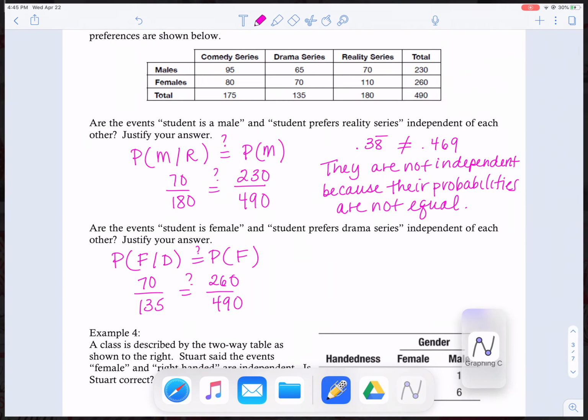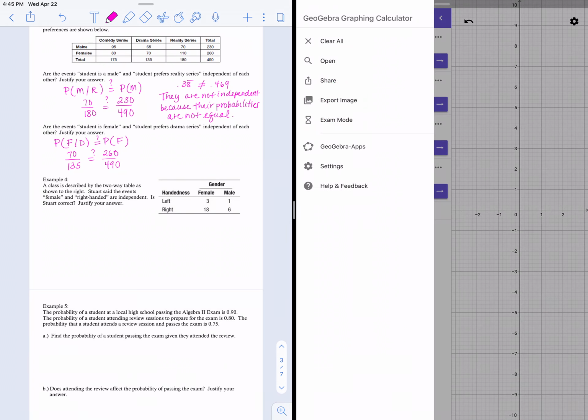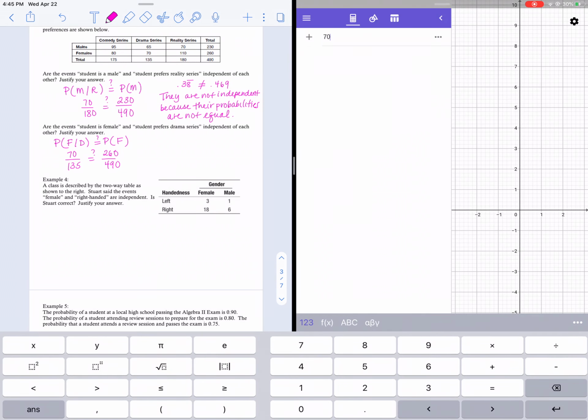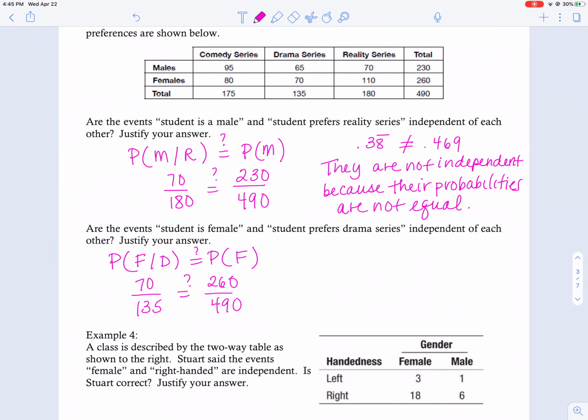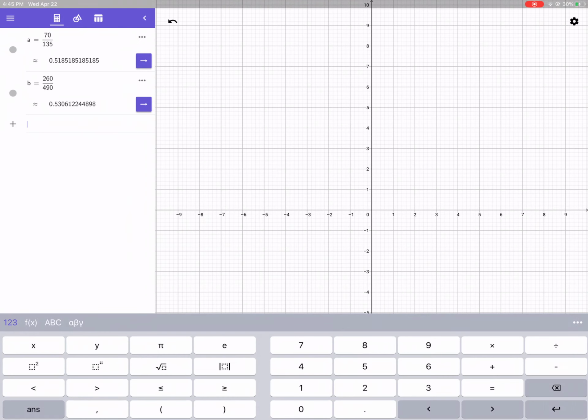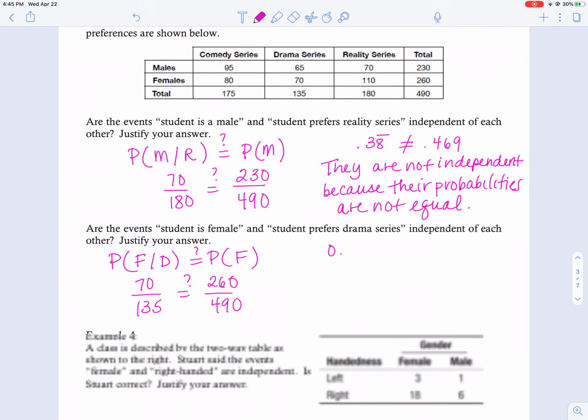Okay, so if I'm going back here, and I'm going to just get rid of this so it's just easier to see. 70 out of 135 is about 52%, and 260 out of 490 is about 53%. Okay, so I'm going to show that. 0.5185, something like that, does not equal 0.530, I think it was 53.